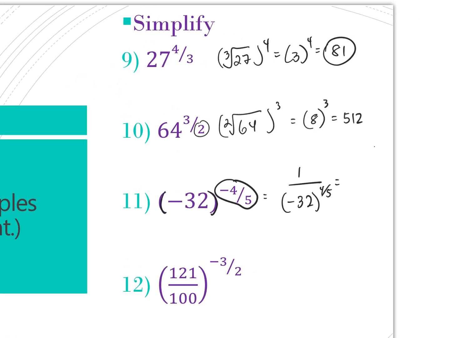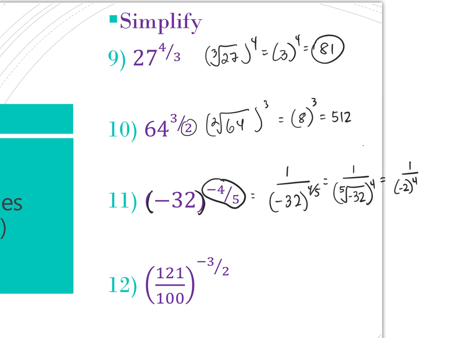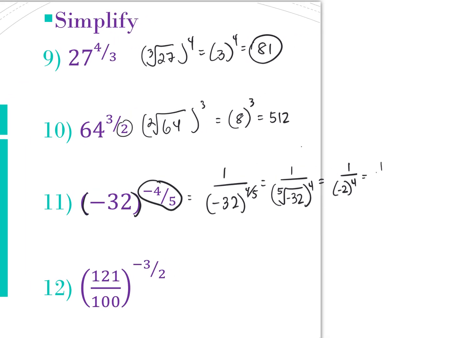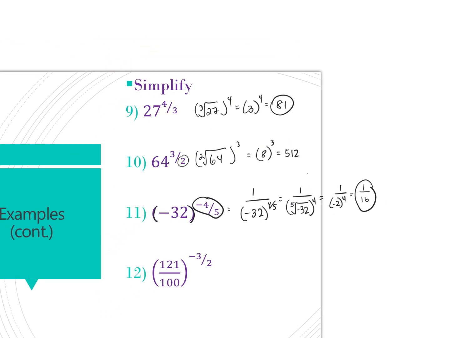And then now I'm going to rewrite that denominator. I'm going to get the 5th root of -32, and that whole answer to the 4th power. So the 5th root of -32 is -2, and -2 to the 4th power is going to be +16. And there's your answer.